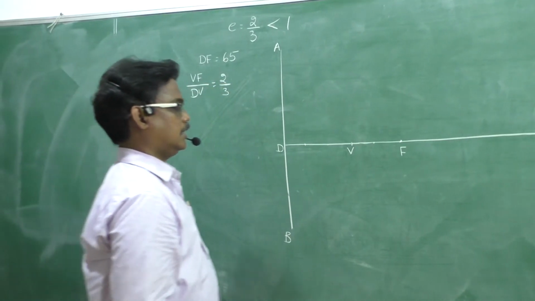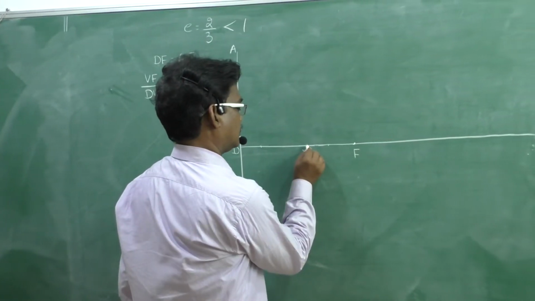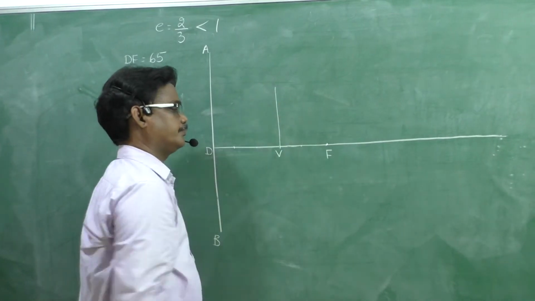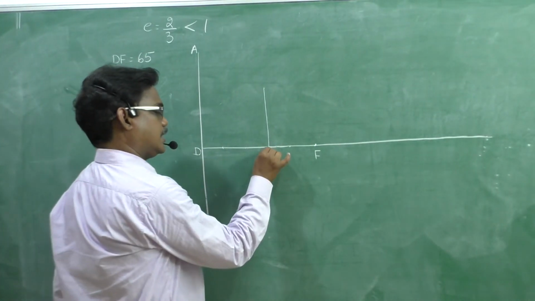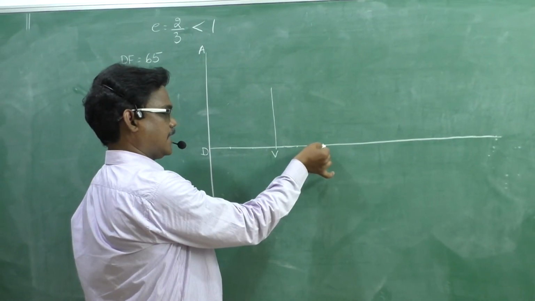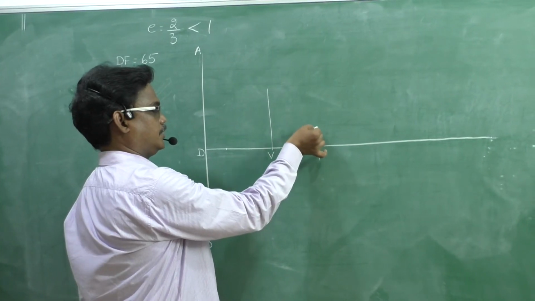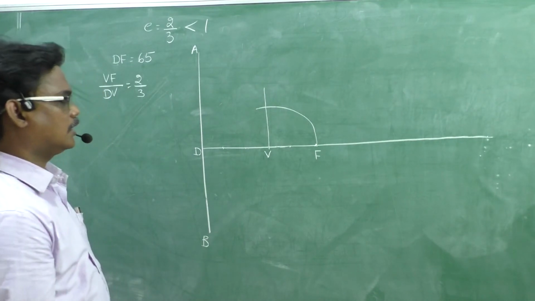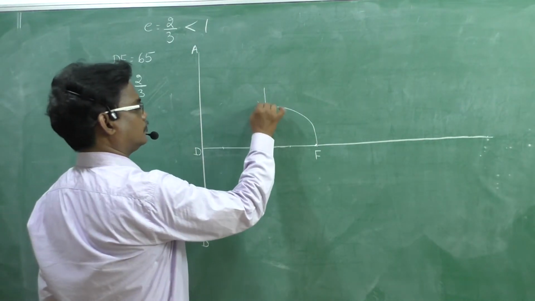Now as usual, draw a perpendicular line at V, and V as center, VF as radius, draw an arc. It will cut here at V1.